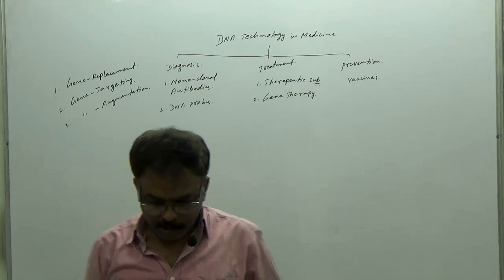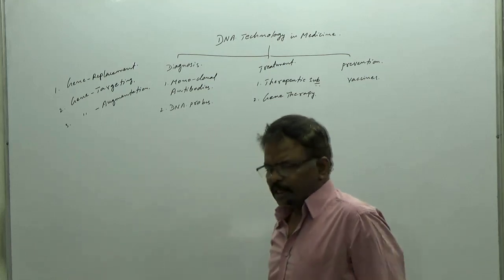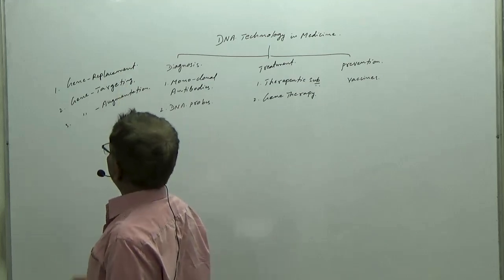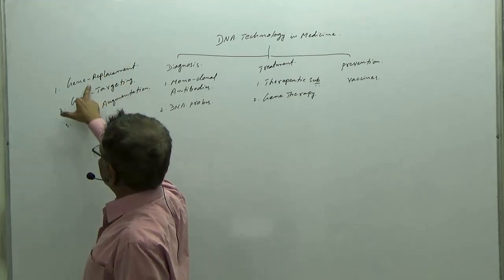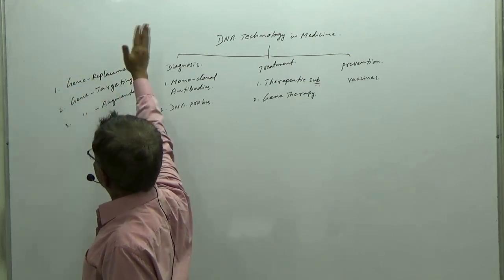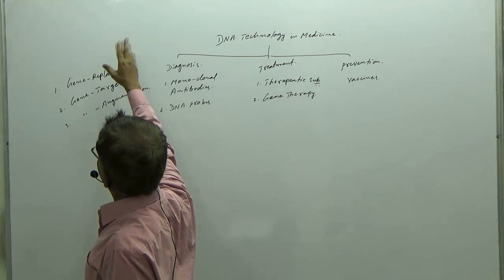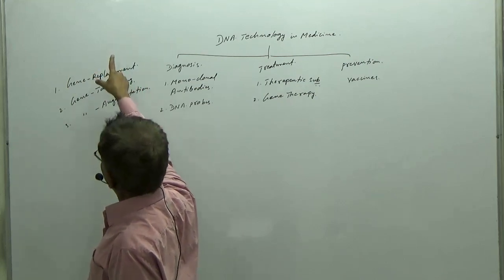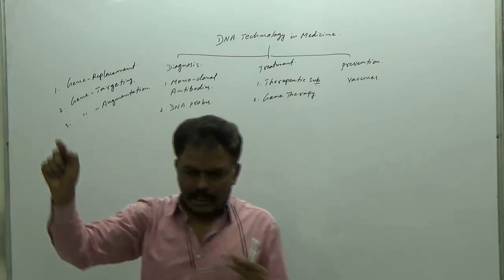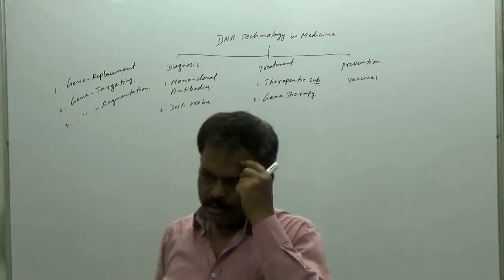So this gene therapy is of three types. Gene replacement. Some disease causing gene is there. Then eliminating that disease causing gene and inserting a healthy, normal gene.